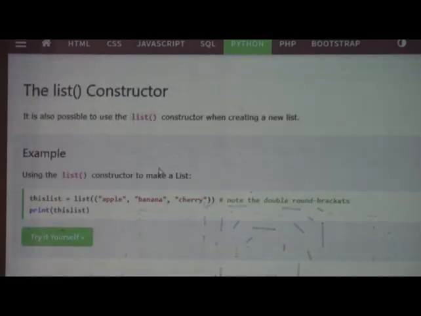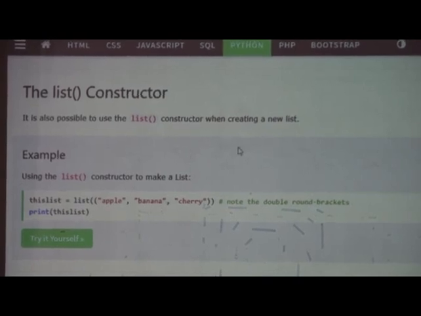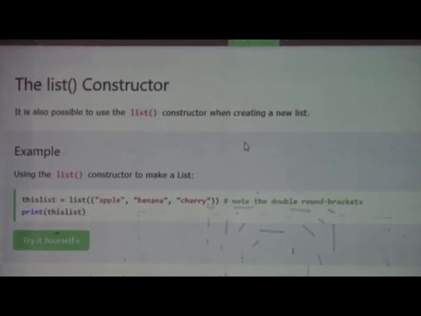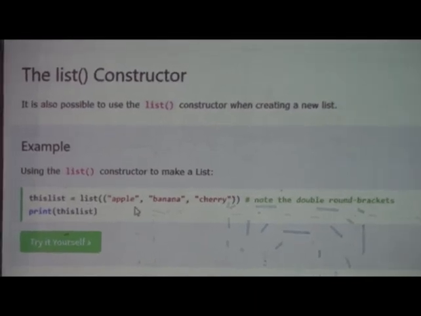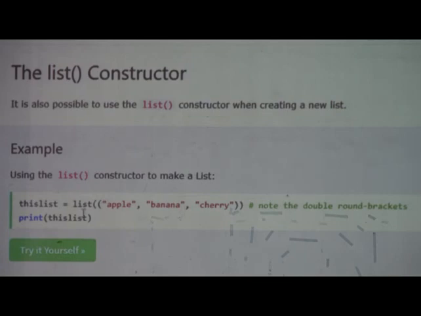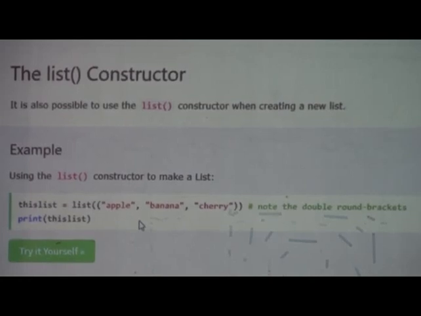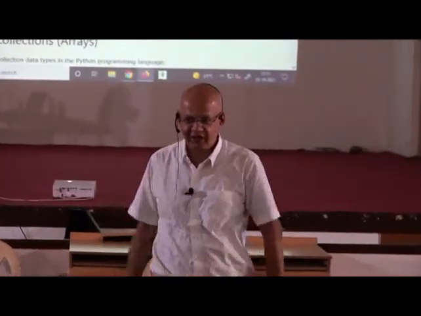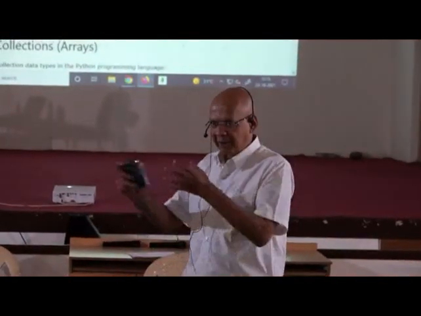Okay. Now, here is something which we should probably talk about at a later date, but it's important you understand. This is a constructor of a list, by saying list. Similar to the way we said student, right? If you remember a few minutes back, we said student S is equal to student, and in brackets we put the parameters for that constructor, like parentheses.